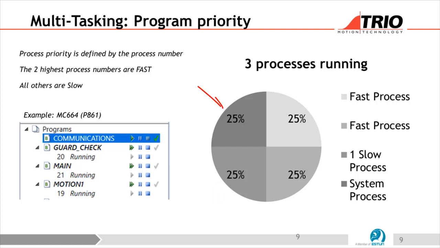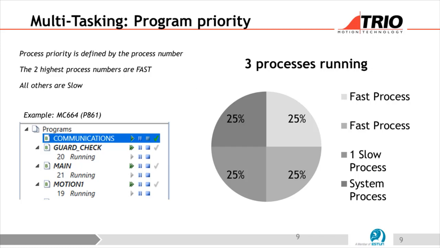So there's a system process running all the time, and what that's doing is the comms, so it's got the Ethernet stuff in it, and if you're running CAN bus, it's got CAN bus in it, so it's got all the stuff the system needs to be running in the background. Not the motion, which has its own special place, but everything else that runs in the background is in the system slot there. So that's fairly even, isn't it?